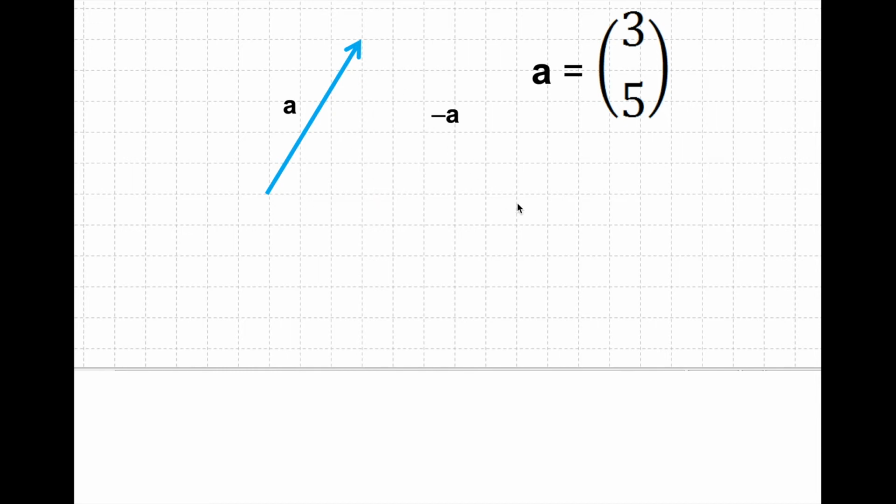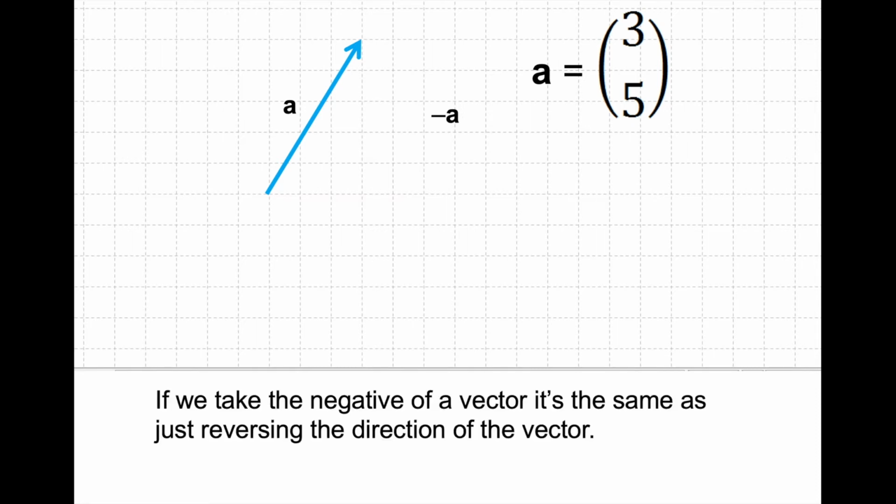The opposite of vector a is equal to, you multiply vector a by negative 1, and that becomes (-3, -5). Very simple. Instead of going 3 units to the right, you go 3 units to the left, and instead of going 5 units up, you go 5 units down. So you reverse the direction.